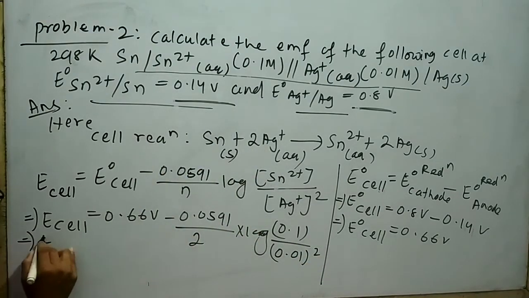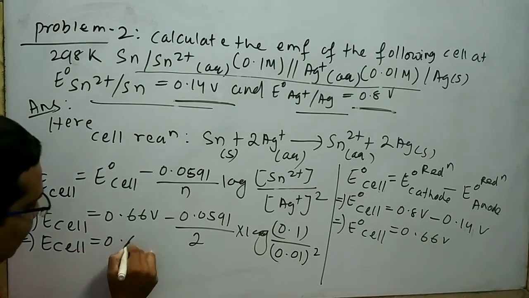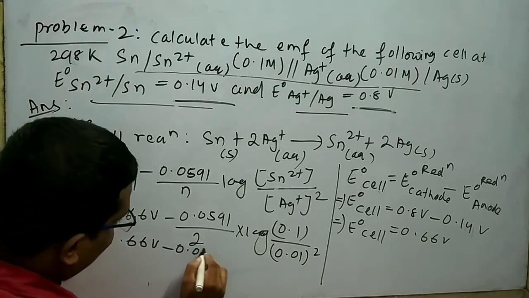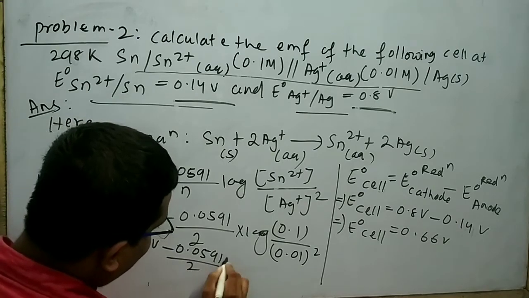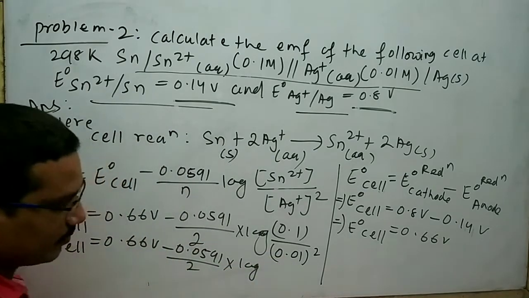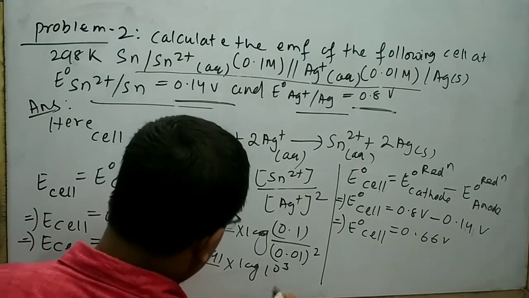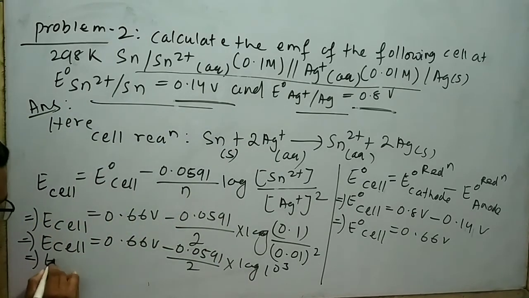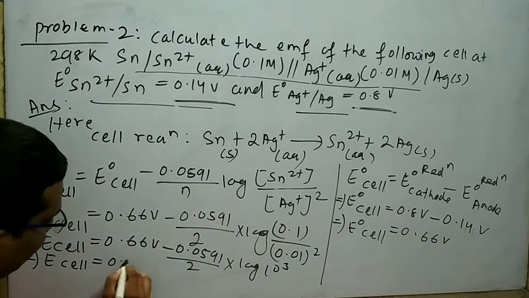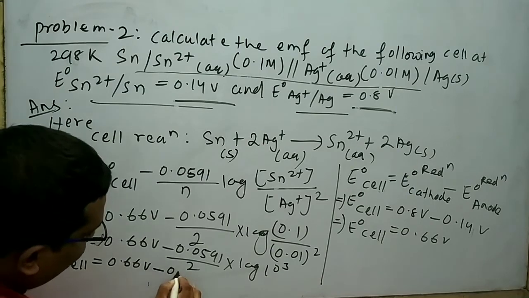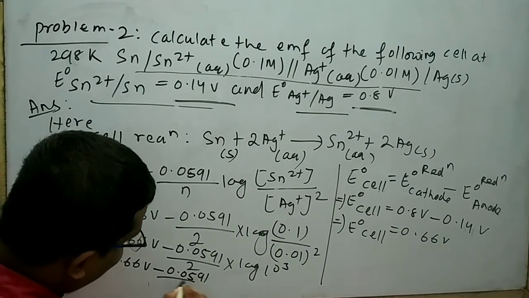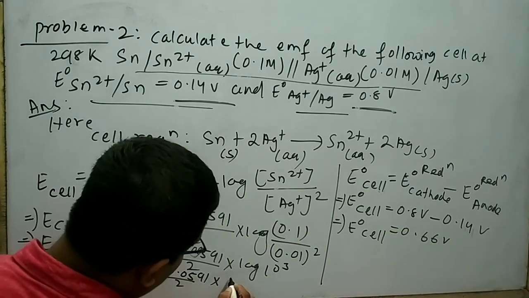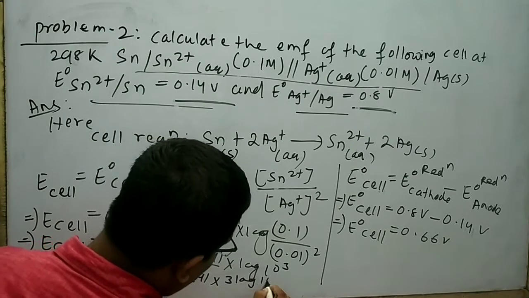Now I can solve: E cell equal to 0.66 volt minus 0.0591 divided by 2 into log of 10 to the power 3. So E cell equal to 0.66 volt minus 0.0591 divided by 2 into 3 log 10.